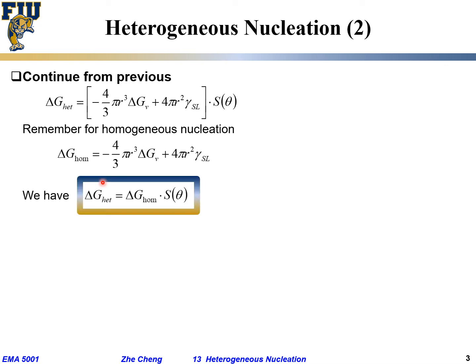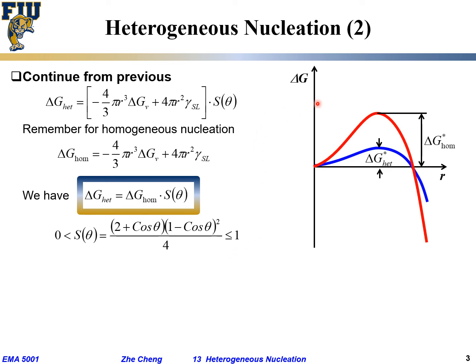As a result, the heterogeneous free energy change would be the homogeneous energy change times S of theta. And S of theta is the ratio between the sphere cap and the whole sphere. It's always smaller than 1.